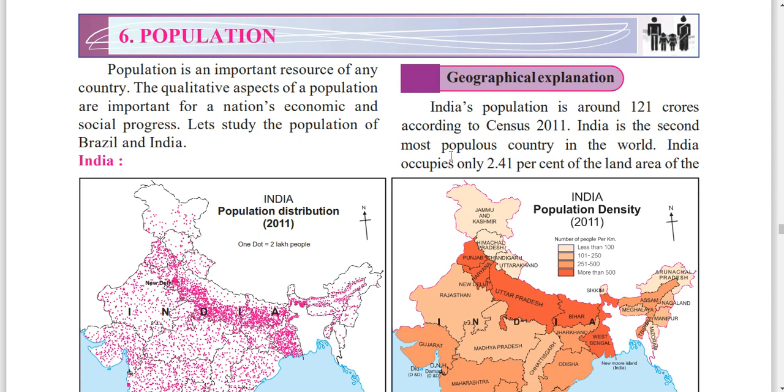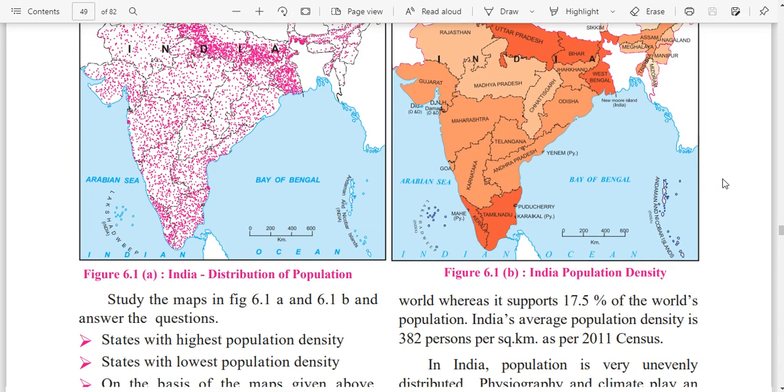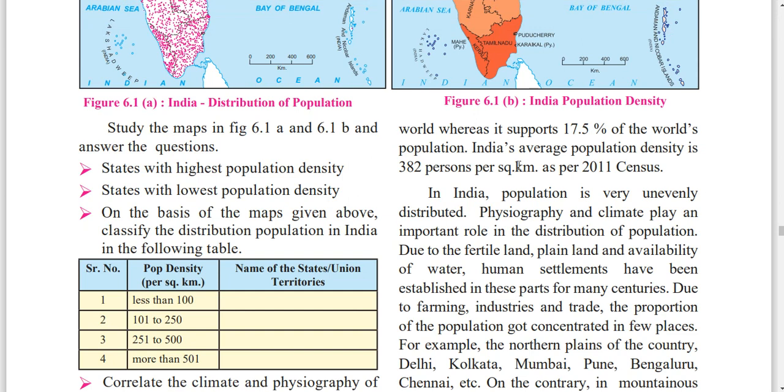India is the second most populous country in the world. India occupies only 2.41% of the land area of the world, whereas it supports 17.5% of the world's population. India's average population density is 382 persons per kilometer as per the 2011 census.